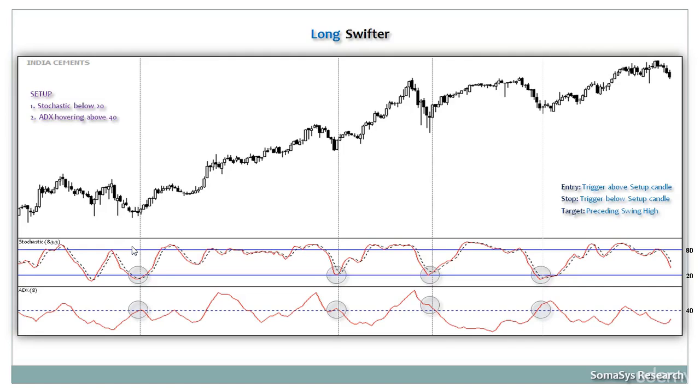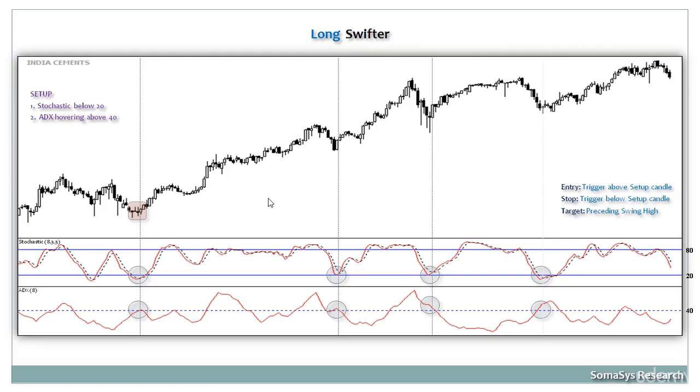Once we have the preliminary conditions met, we then need to have a white candle, and that's here. Accordingly, entry is going to be above the candle's high, stop below its low and target will be the immediately preceding high, this one over here.